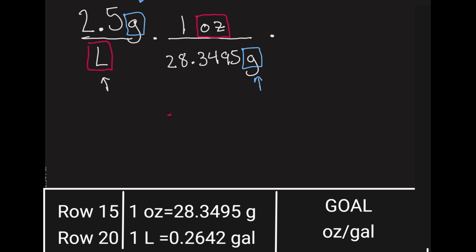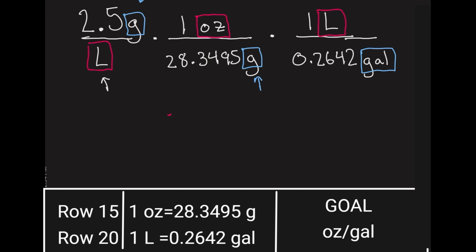I need to cancel it out, which means I need to put my liters in my numerator. So again, 1 liter, that's why I'm using 1 liter in the numerator, is equal to 0.2642 gallons. And now my liters also cancel out, and I'm left with the gallons that I want.